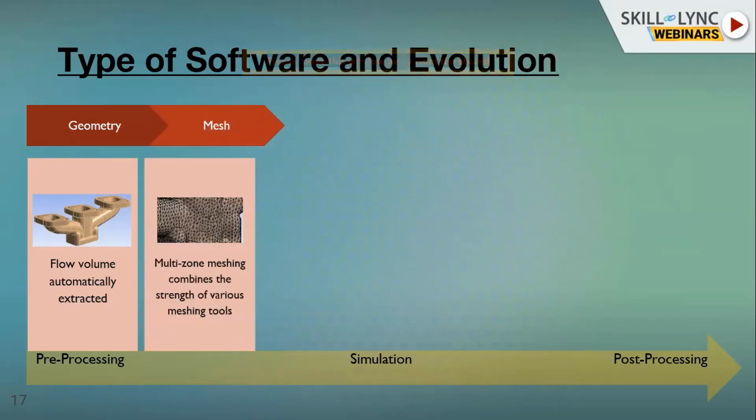After that, mesh refinement studies should be carried out. That is, wherever the geometry is complex, more mesh is required, and less mesh is usually required at the outer zones. So based on that, you should carry out different types of mesh refinement studies.